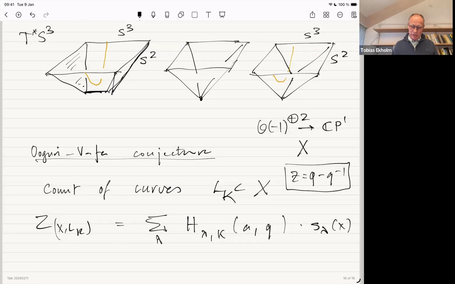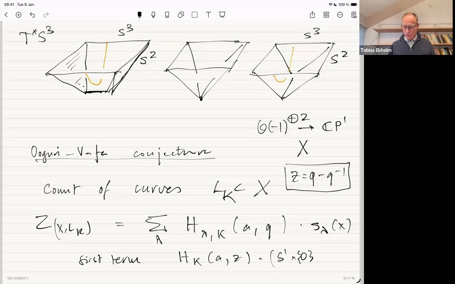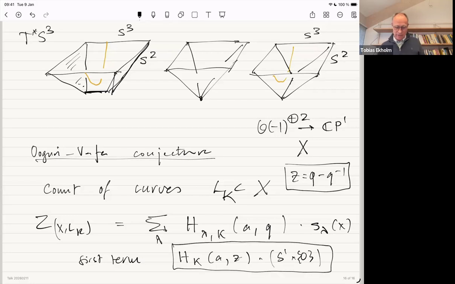But in particular, if we look at the first term, that would be Homfly of K times just S1 times 0 inside the conormal. So let's look at these first, and let's do the other ones later.